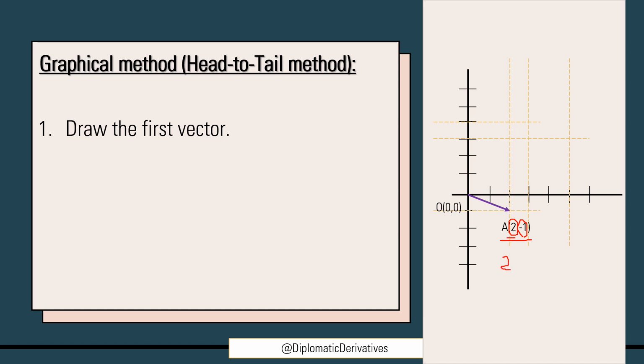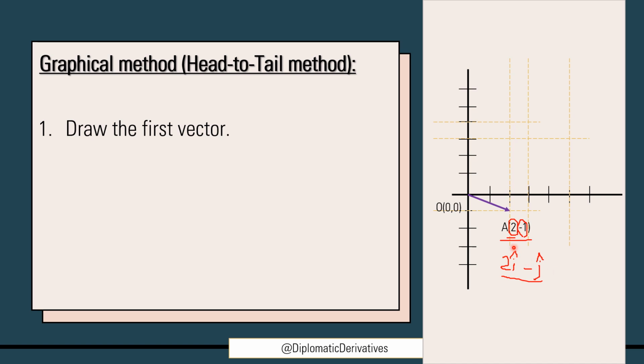When we write the point in the form of a vector, we write 2i, which is a unit vector showing the direction of the x-axis, minus 1 becomes minus j, which is the unit vector for the y-axis. So this is the vector notation from a point. Whenever a point is given, you will write the vector notation. Now you have to make that vector.